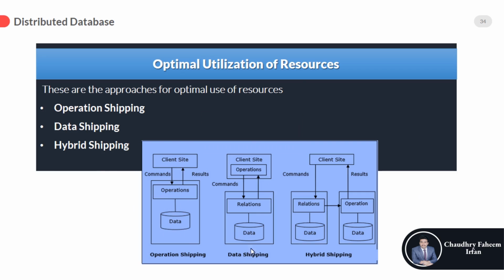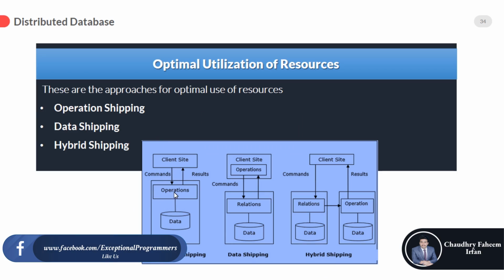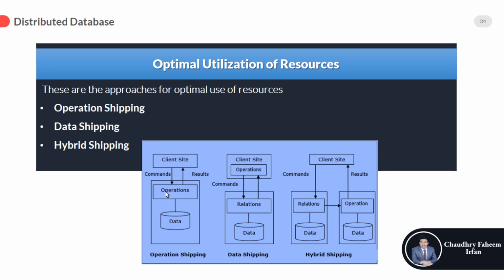First, the client side sends SQL queries and operations are performed at the server side. You can perform operations like query optimization and query processing here, and then get data and send the result to the client side. So this is step number one that you can use.